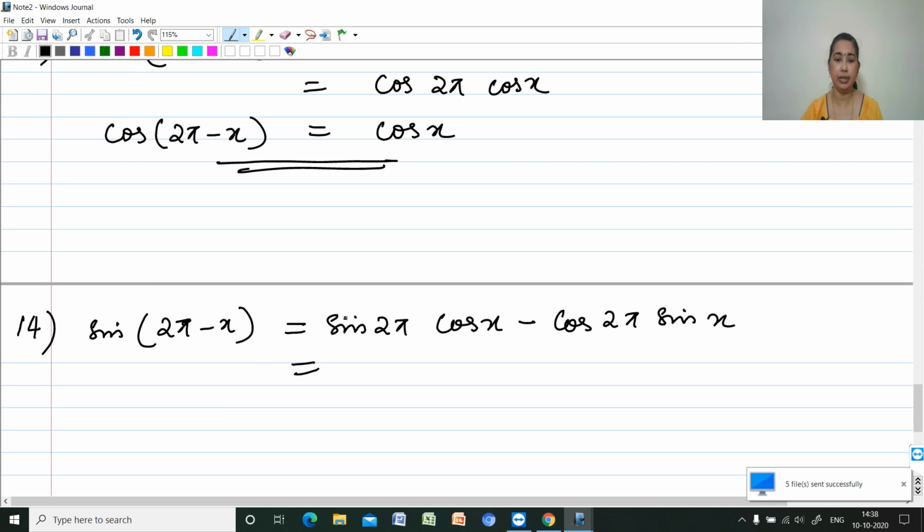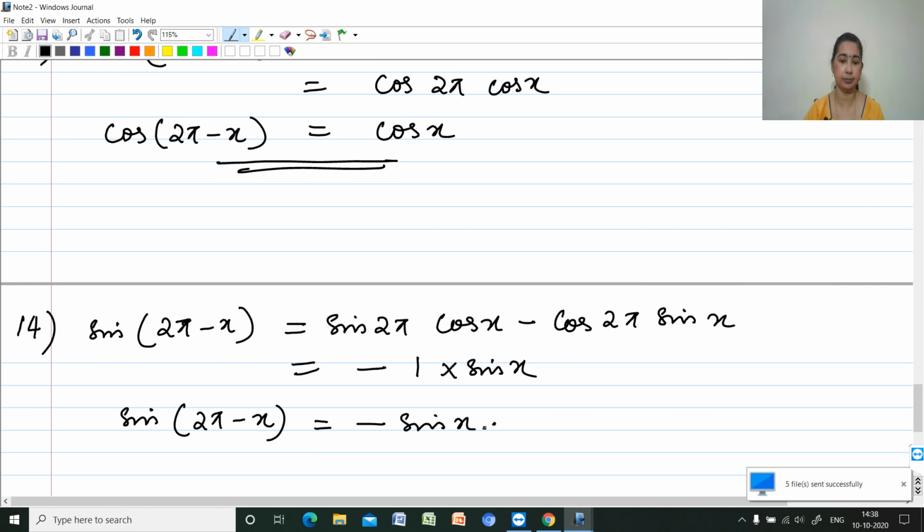And sine 2 pi is 0, so the first part will be 0, since 0 multiplied with any value is 0. Then minus cos 2 pi, which is 1, into sin x. So what is the identity for sine of 2 pi minus x? Sine of 2 pi minus x is equal to minus sin x.